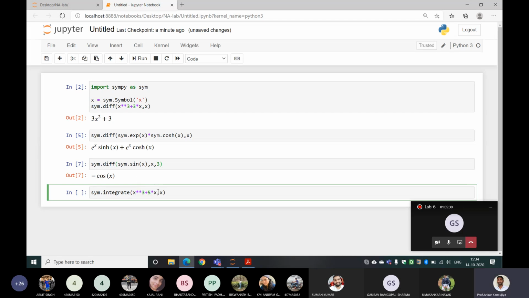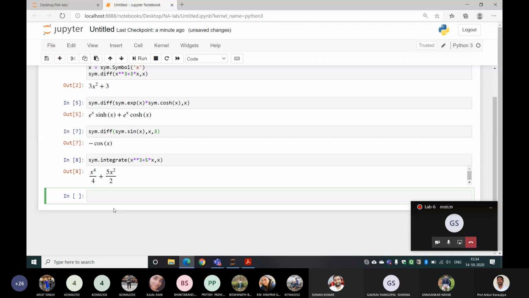I wrote x cube plus 5x and the integration with respect to x, sym.integrate. It is giving this answer. Just check whether it is correct or wrong. You can experiment yourself, e to the power minus x, hyperbolic sine, whatever you want to give. This is the exact integration. There are functions for which the integration is not that easy. These are very elementary functions, so you are able to integrate them well in Python.